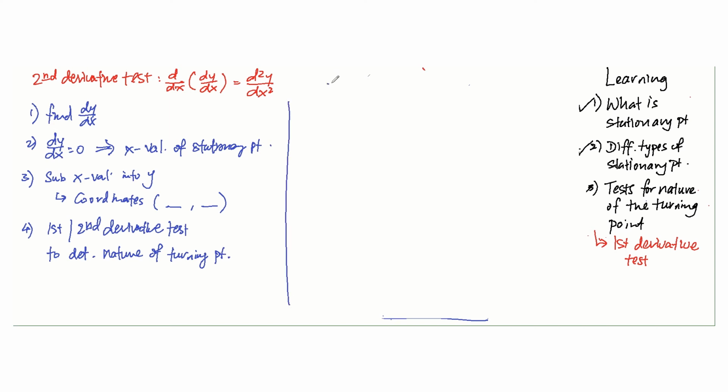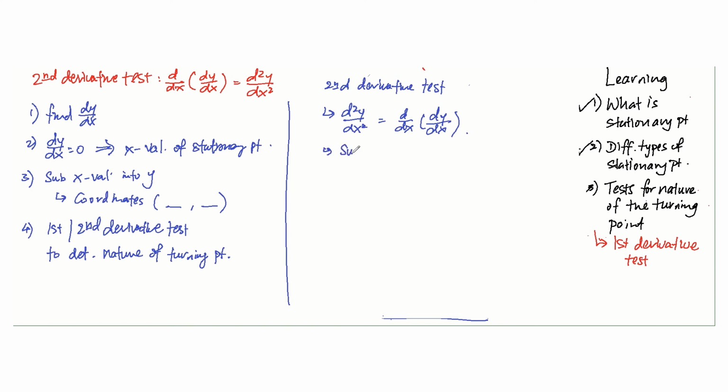And as we just went through the second derivative test, what do we need to do when applying it? We need to find out what is d²y/dx², which is simply a differentiation with respect to x of our dy/dx.